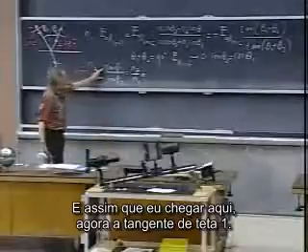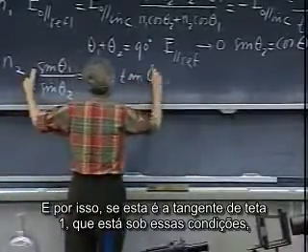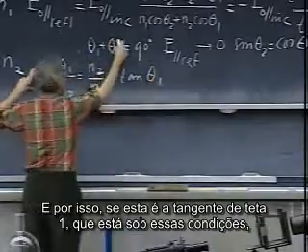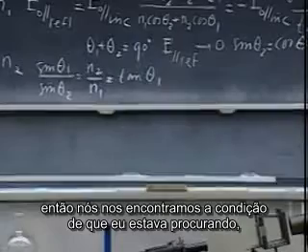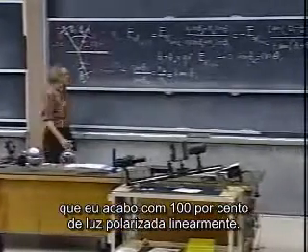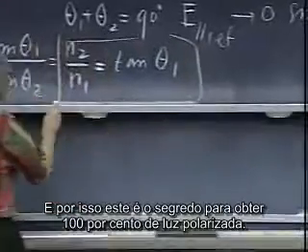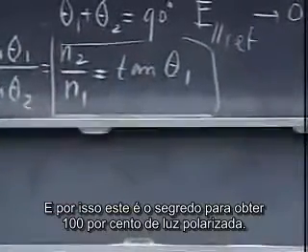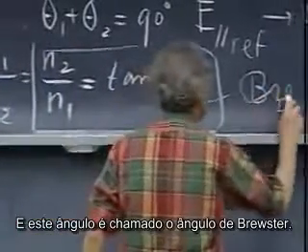And so I get here now the tangent of theta 1. And so if this is the tangent of theta 1, that is under these conditions, then we have met the condition that I was looking for, that I end up with 100% linearly polarized light. And so this is the secret to getting 100% polarized light. And this angle is called the Brewster angle.